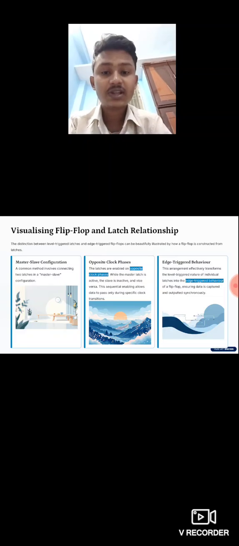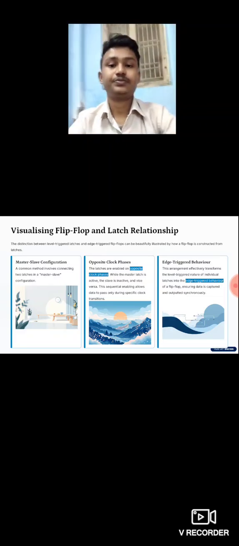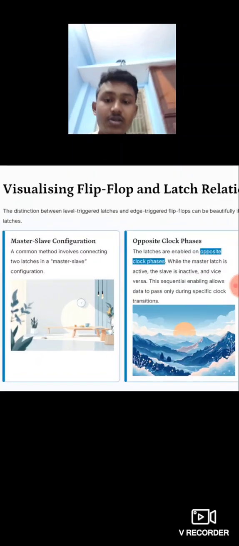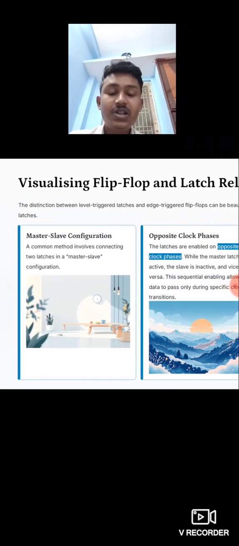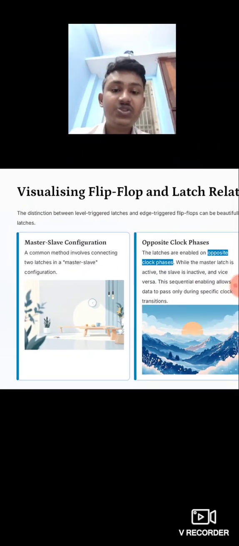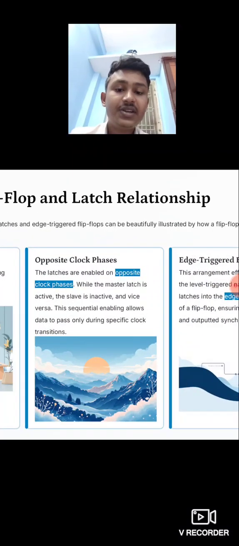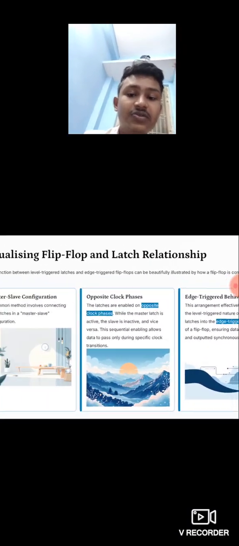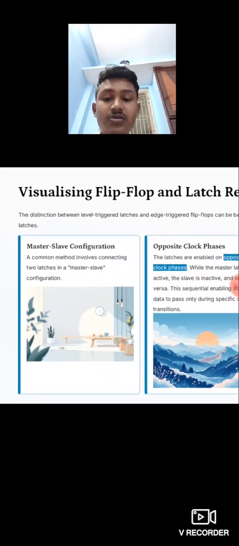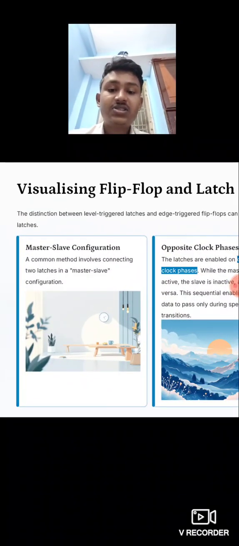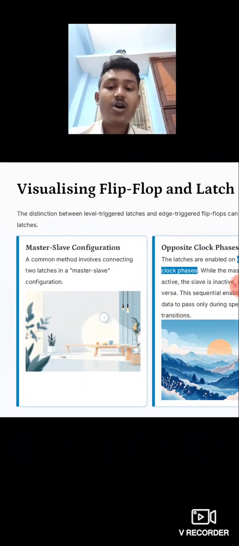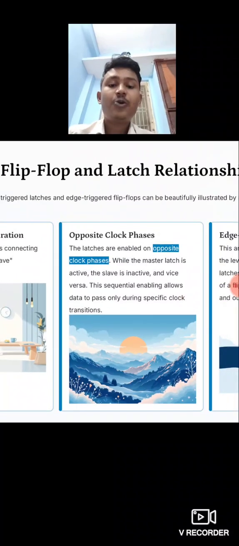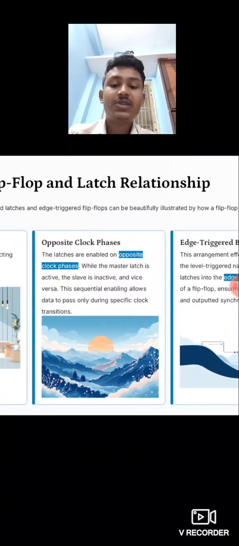Visualizing flip-flop and latch relations. First, the distinction between level-triggered latches and edge-triggered flip-flops can be beautifully illustrated by how a flip-flop is constructed from latches in a master-slave configuration. A common method involves connecting two latches in a master-slave configuration with opposite clock pulses.